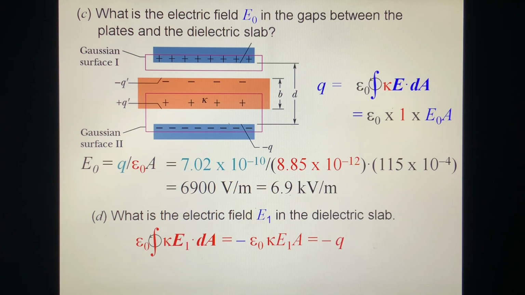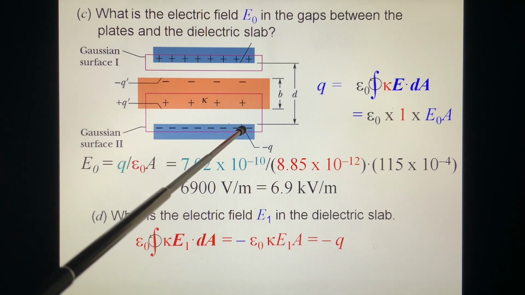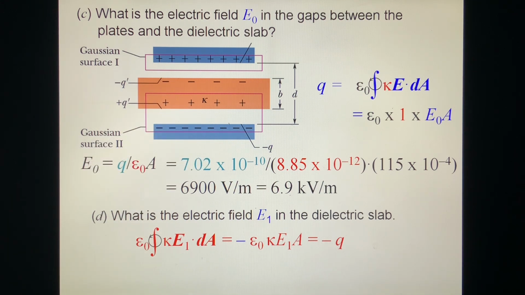By symmetry, E is uniform everywhere, and E dot dA is parallel. Finally, this is equal to minus Q. Why is the induced charge not included?